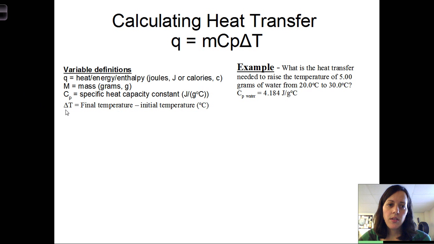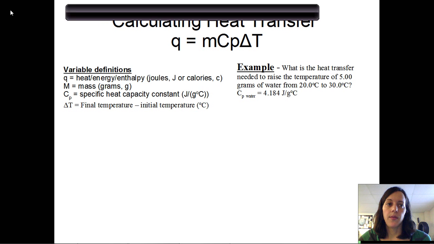And it's important to highlight this one because change in temperature needs to be specifically the final temperature minus the initial temperature, so you end up with either a positive heat transfer or a negative heat transfer, depending on whether you're warming something up or cooling something down. That way Q's sign is appropriate.